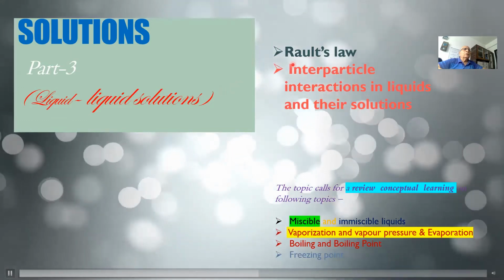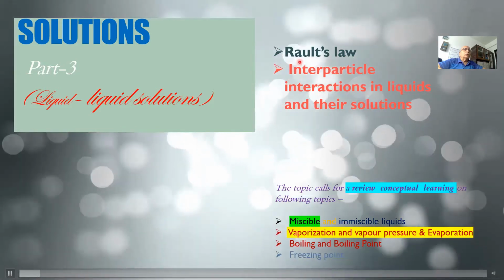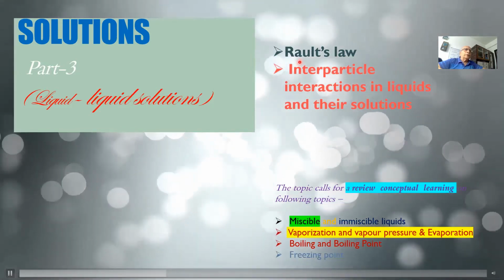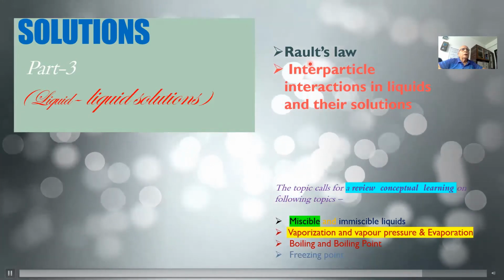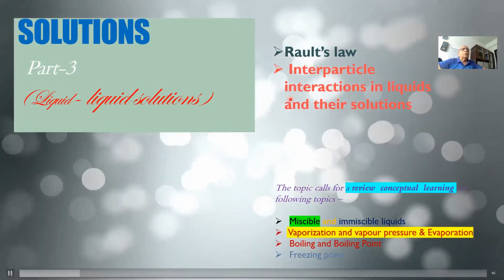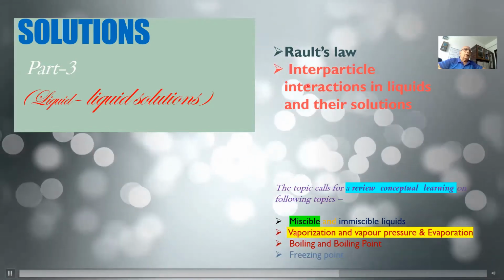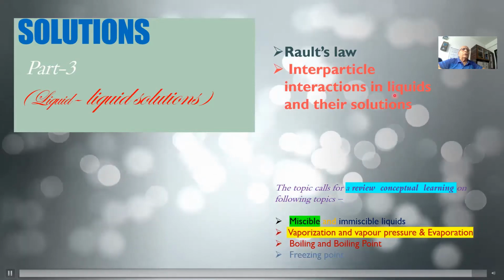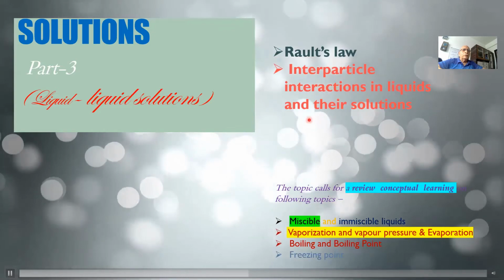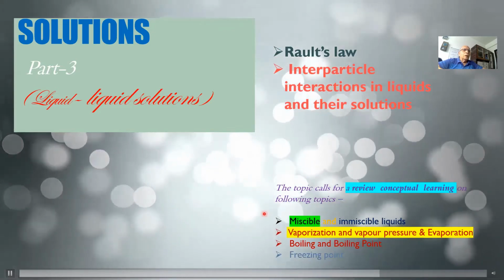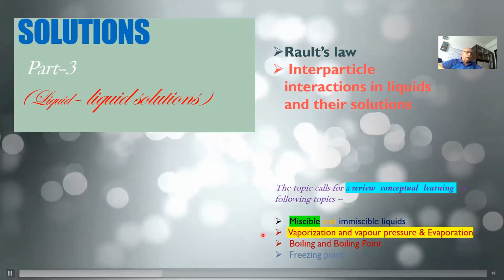That is Raoult's law. What is Raoult's law? Its mathematical derivation and certain other concepts we need to understand. Then, of course, we have to go through the molecular or interparticle interactions in the liquids and also in the solutions. So let us take up and review the properties of the liquid first.